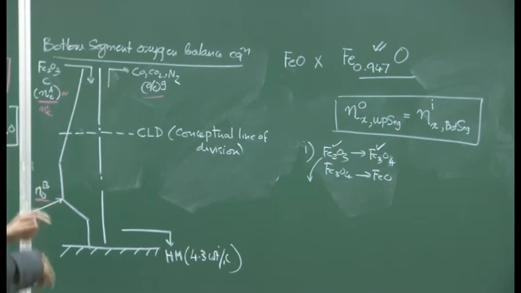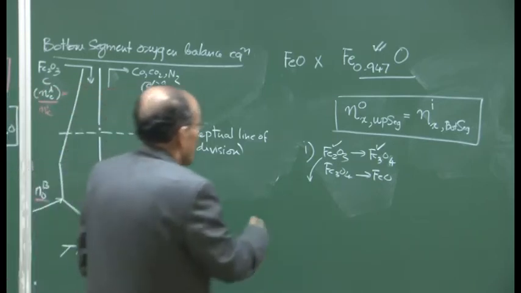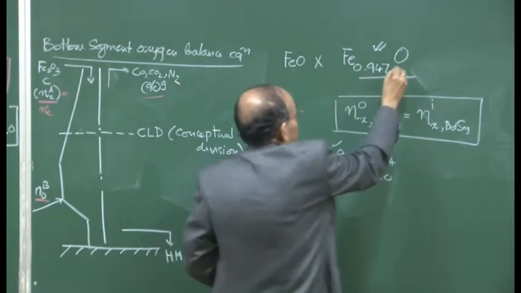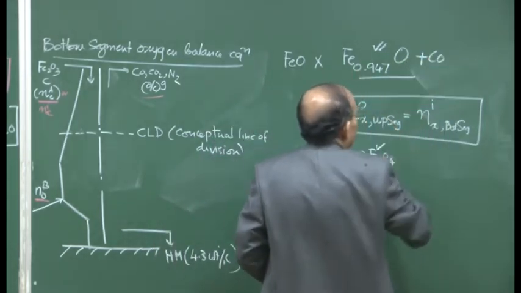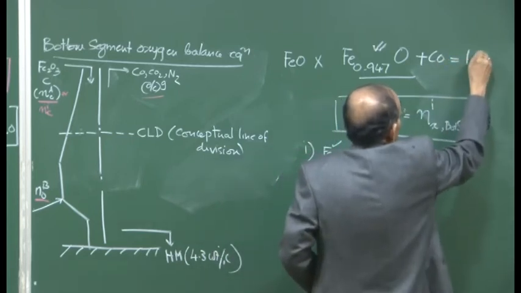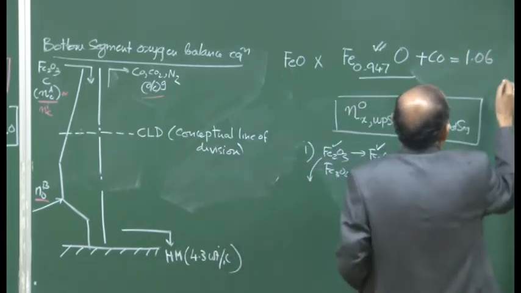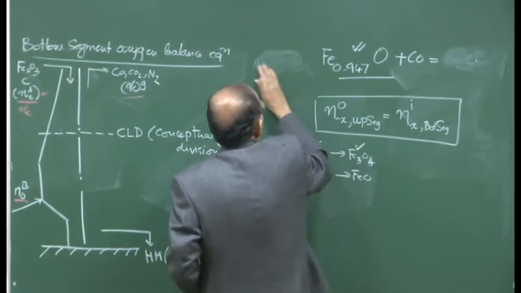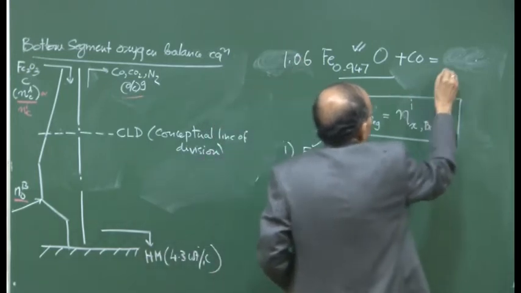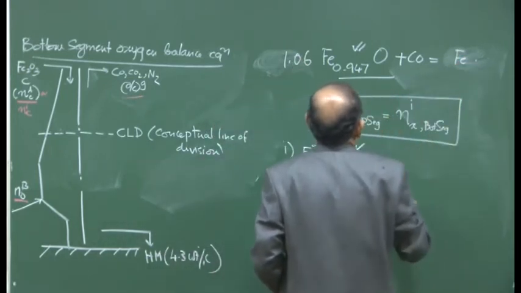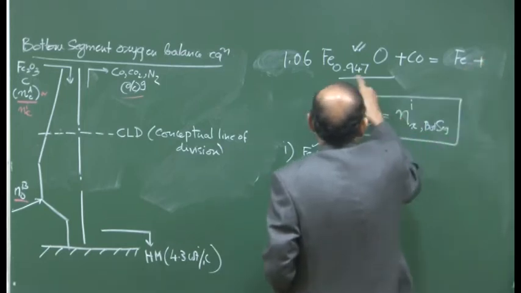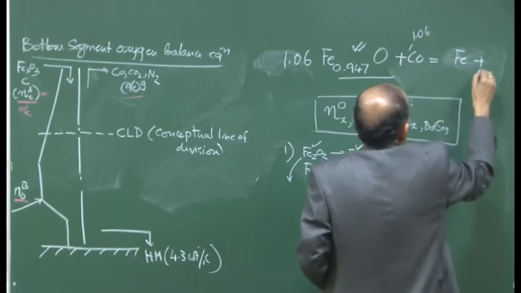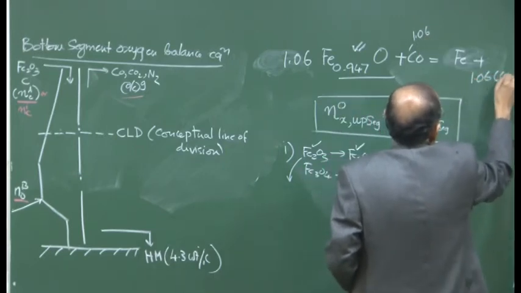For you to note, everywhere when we write the final stage of reduction of iron ore, we will write this reaction plus CO, and then we will say that this is equal to 1.06 Fe. So if we write 1.06, then to get 1 mole of Fe, we will get 1.06 CO2.